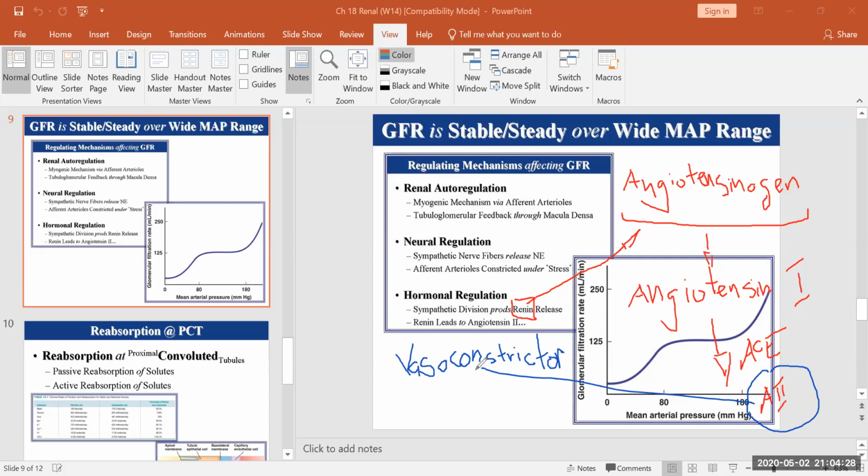So it will slow down the glomerular filtration rate. And that's not the end of the story. The angiotensin 2 here will induce the adrenal cortex to release aldosterone.